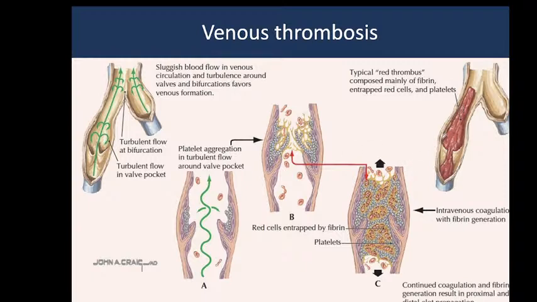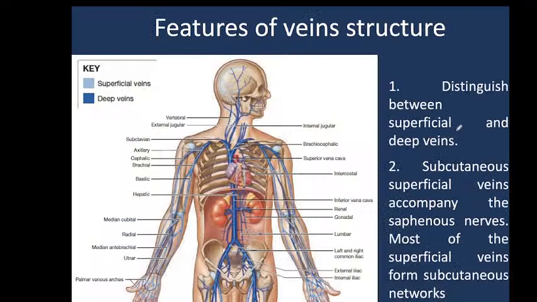Here you see an already formed thrombus inside of veins. Well, some features of vein structure. In comparison with the arteries, there are usually two groups of veins: superficial and deep veins.